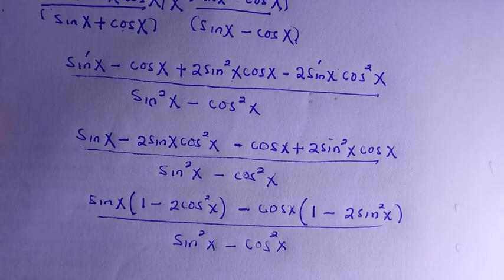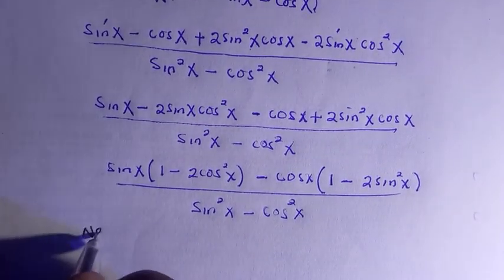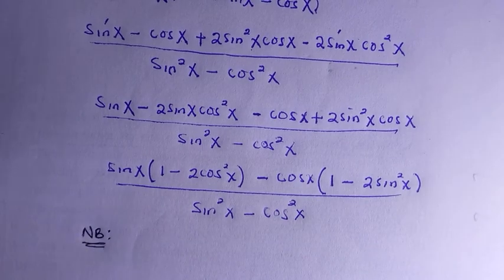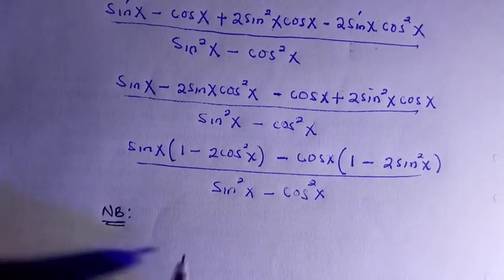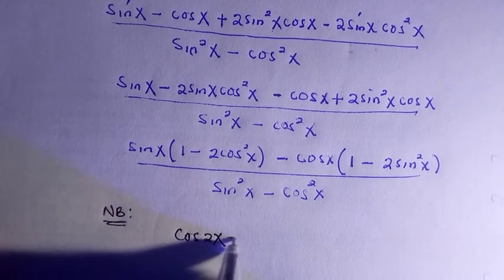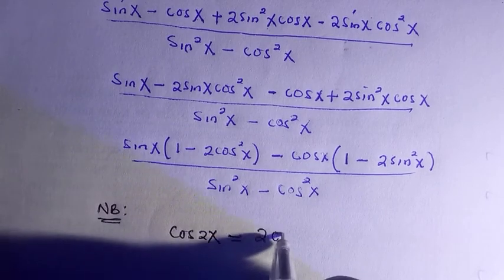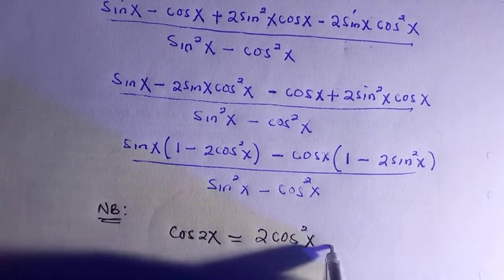Okay, at this stage I'm going to employ some identities. If you note the double angle formula of cos, if you have cos 2x, this is going to give us 3 different identities. The first one is 2 cos square x minus 1.